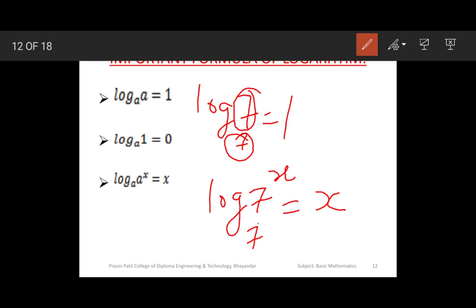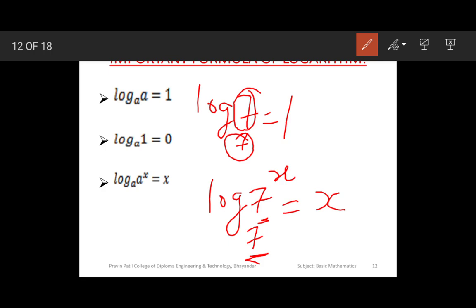If this value and this base are the same, then the answer will be simply x. So, three important formulas: log a to the base a is 1, log 1 is 0, log a raised to x to the base a is x. Now we'll stop the third video.